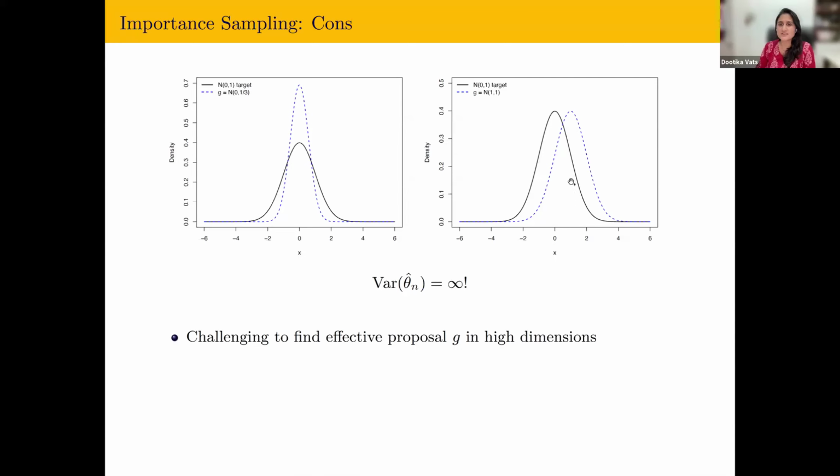In both of these instances, the issue is that tail behavior is a problem. In this first curve, I see that pi envelopes G in the tails and not the other way around. And in this case as well, on the left-hand side of the plot, I see again that pi envelopes G in the tails and not the other way around.